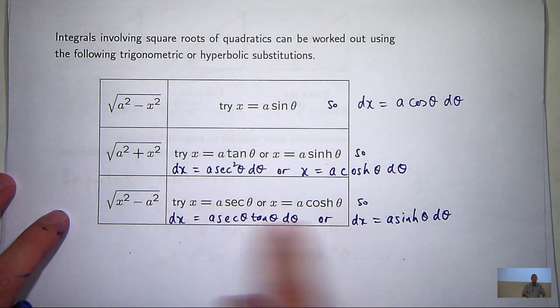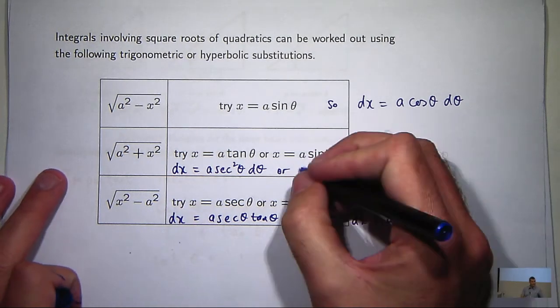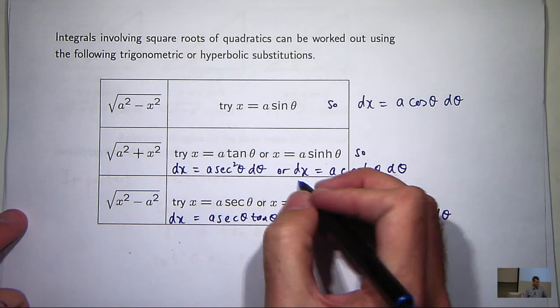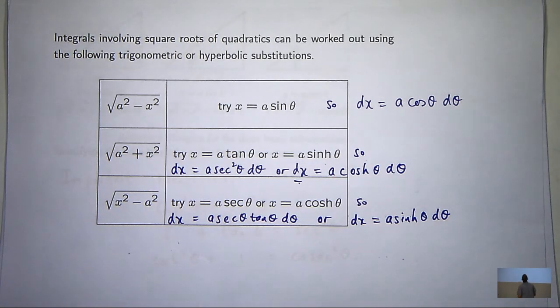Sorry, that should be a dx. I've written down the corresponding differentials for each of those substitutions. In here, a is just a constant. This is a good little reference table that you can refer back to until you've got these things down pat in your mind.